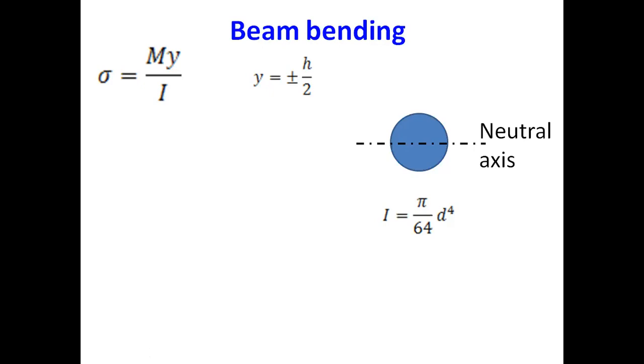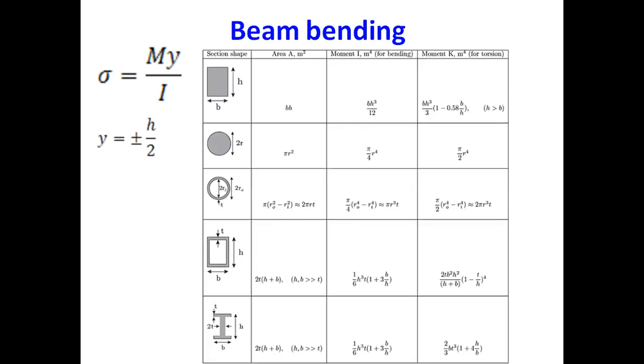Also, it depends upon the neutral axis, at which fibers the neutral axis passes. So here in this table, you could see some cross sections of beams. Section shape: rectangular, circular, a hollow shaft or ring, square channel, and I section.